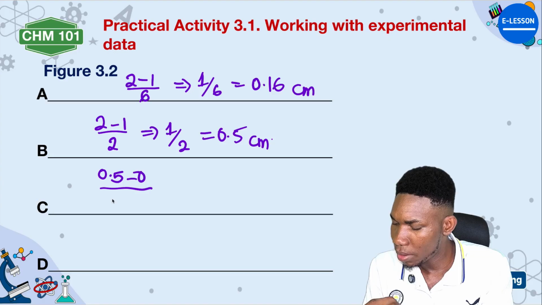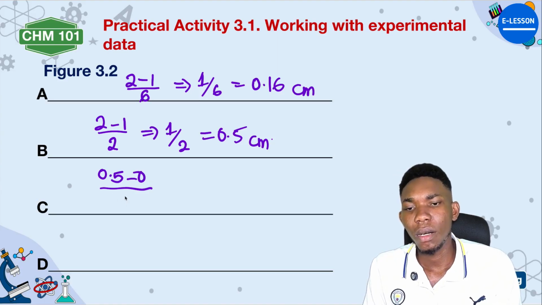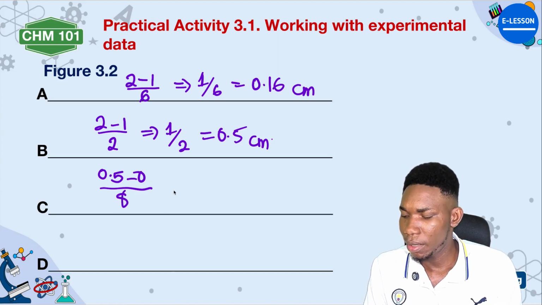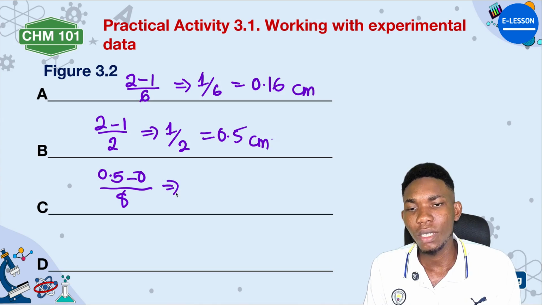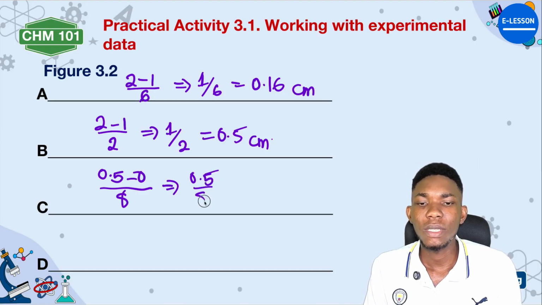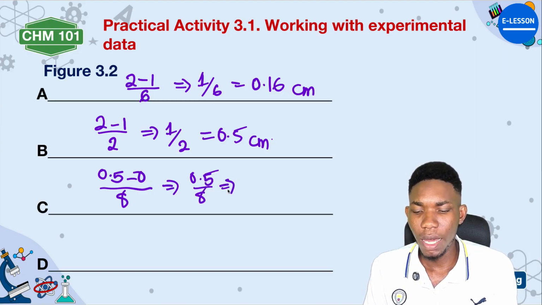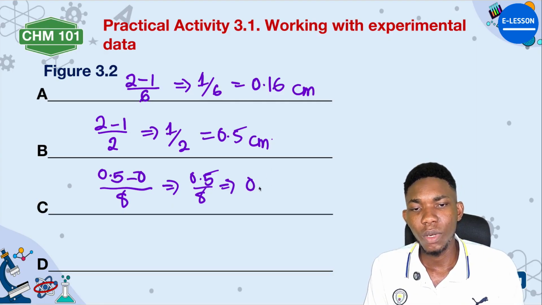About 8, all over 8. All right? So at the end of the day, the smallest subdivision will be 0.5 divided by 8, and that will give us 0.0625 inch.